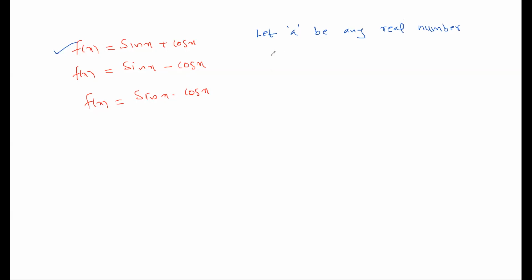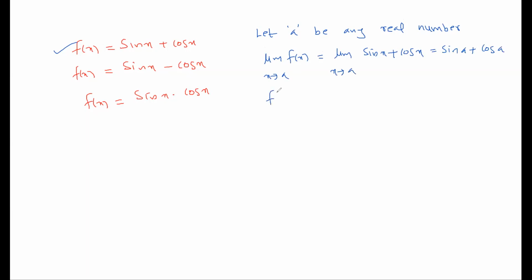So you can also do it like this: apply the direct limit. Limit of f of x as x approaches a is equal to limit of sin x plus cos x as x approaches a. By direct substitution, the value will be sin a plus cos a.